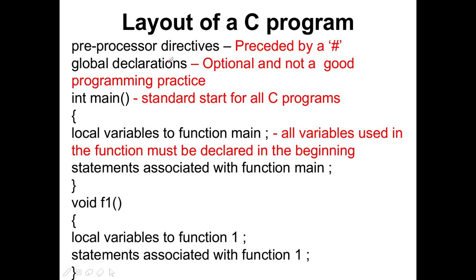And this is the general layout of a C program. These are all the sections. The first section will be preprocessor directives. Preprocessor directives start with a hash. So you have to put a hash in front of it if you are going to use some preprocessor directives.